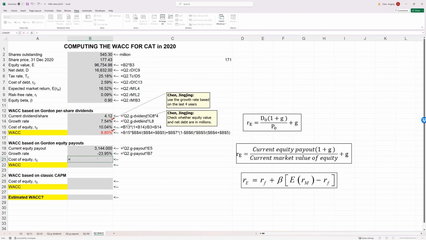So I will follow the formula on the right-hand side here, divided by the market value plus the growth rate.